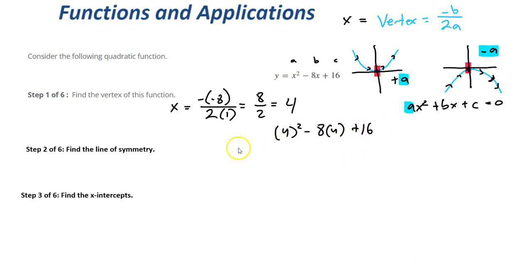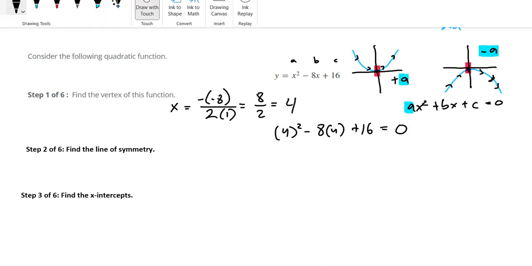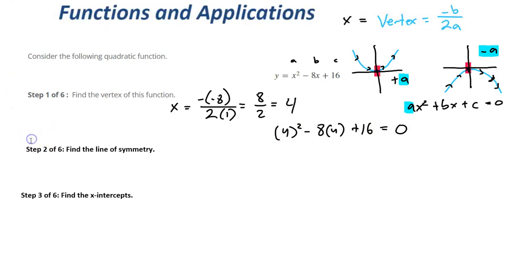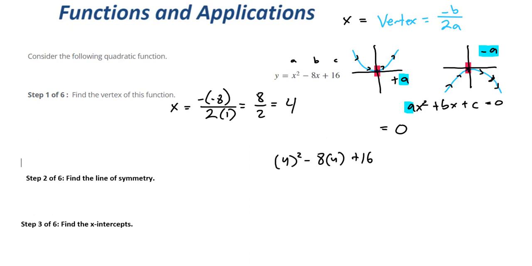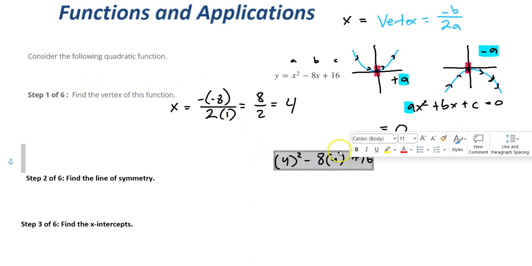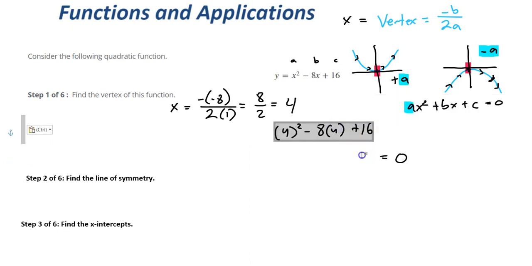When I do all this math, I end up getting 0. Okay? So my line of symmetry, matter of fact, I'm going to make just a little bit more room here. Or not line of symmetry, I'm very sorry. Let's see if I can move this. There.